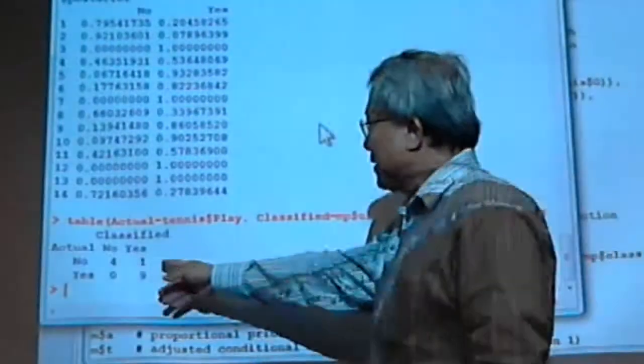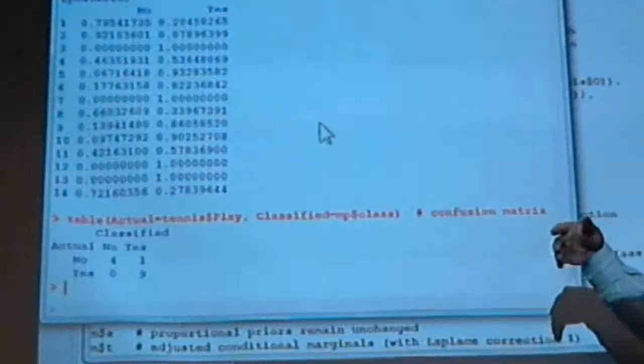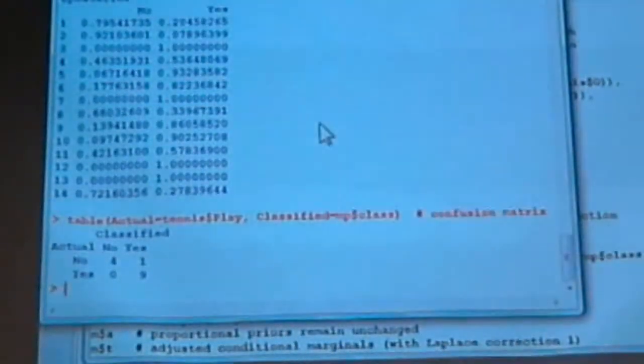So all we have to do is just compare the classified classes with the actual classes, and that would be the confusion matrix. You can see that there's one misidentified individual based on this naive classifier. It's pretty good. Only one misclassified according to that Bayes rule. So 1 out of 14.